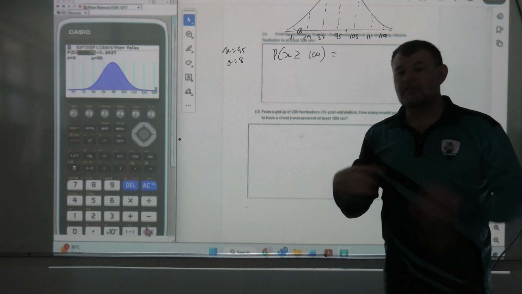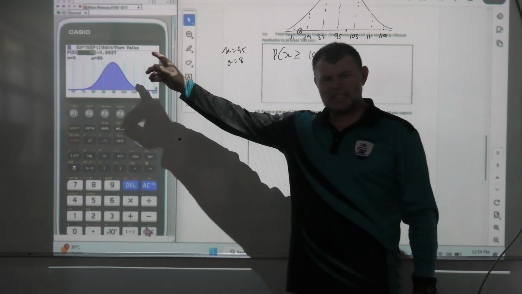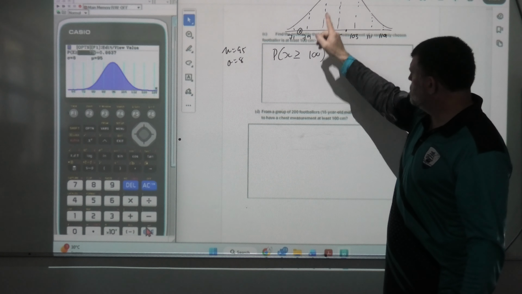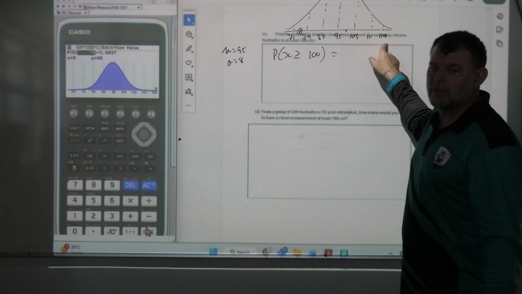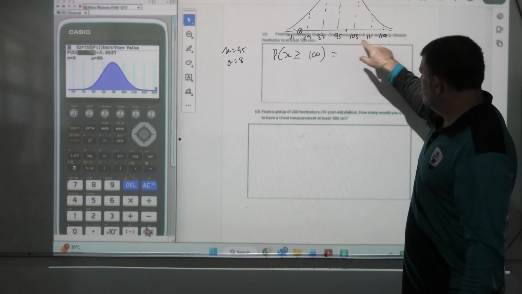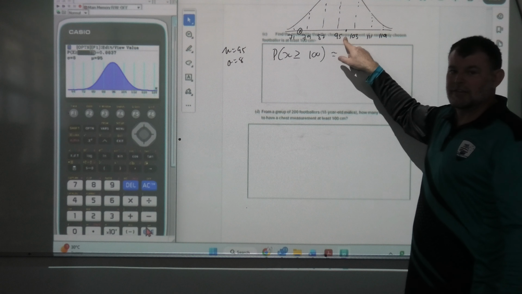And this is where you have to think about in your head, when it comes to normal distributions, does this kind of make sense of the answer that I'm getting? I know in the normal distribution, the mean's 95, and anything greater than that's going to be worth 50% of that kind of data. So as I move further and further left across, if I want something that's greater, it's got to be less than that 50%.